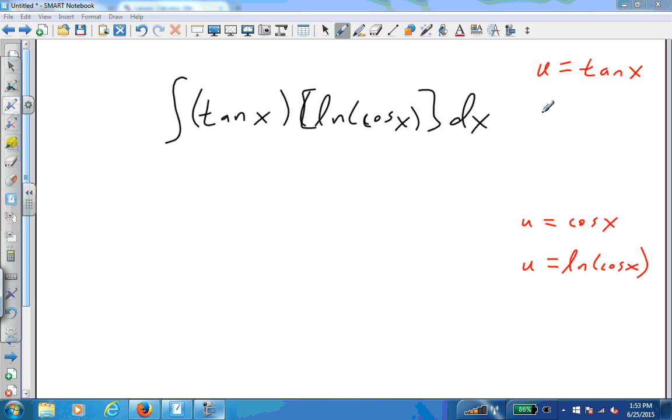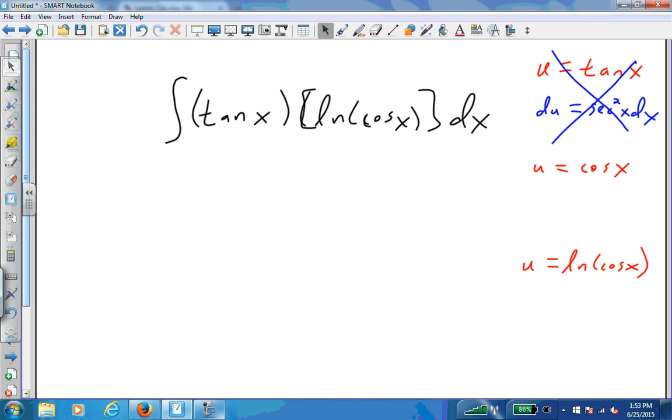If u is tangent, the derivative of tangent is secant squared. So this would be u that looks nothing like secant squared, so that one's not going to work. Let's see about this one. If u is cosine, the derivative of cosine is negative sine dx.